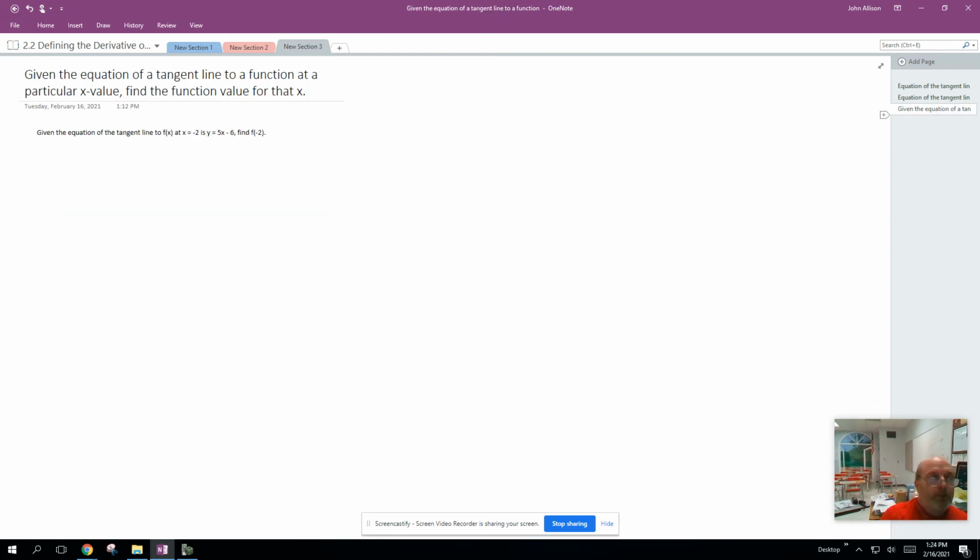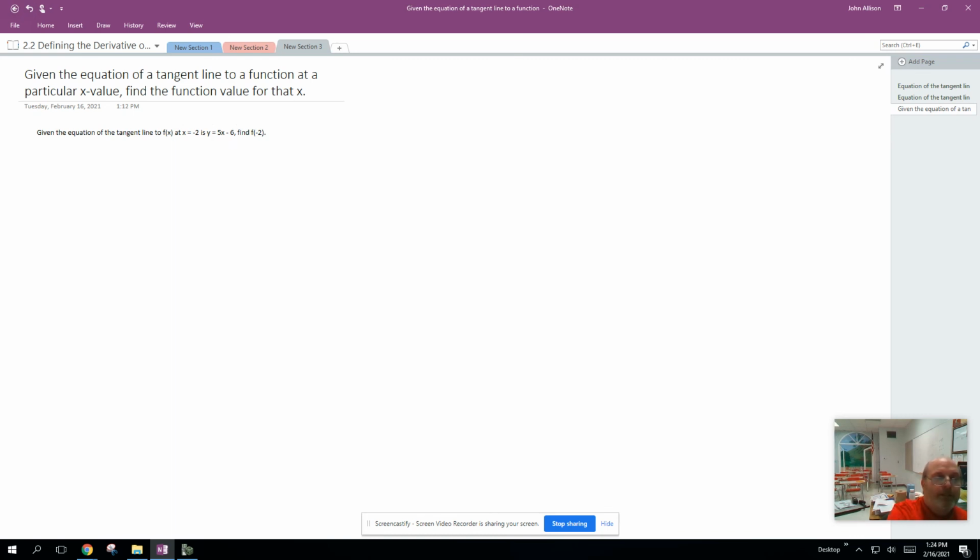And then if we're given the equation of the tangent line and asked to find a value of the function, we can do that as well because we know that the function and the tangent line intersect at that point. If a line is tangent at x equals a, then the point where the graph of the function and the tangent line intersect is at x equals a. So here we're given an equation of a tangent line to f of x at x equals negative 2 and then asked to find f of negative 2.